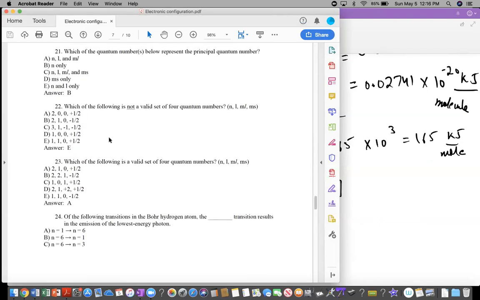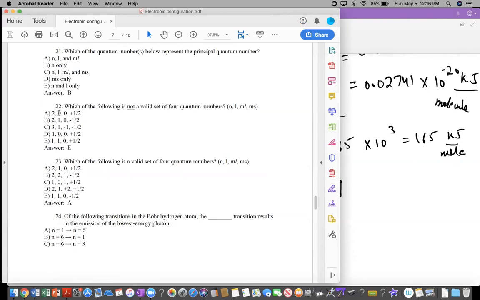So the question is saying which one is not a valid set of 4 quantum numbers? So the first is N, L, ML, and MS. Which one is not correct? So let's see the first one. N means 2, it's the second floor. On the second floor, is a value of 0 for L possible?